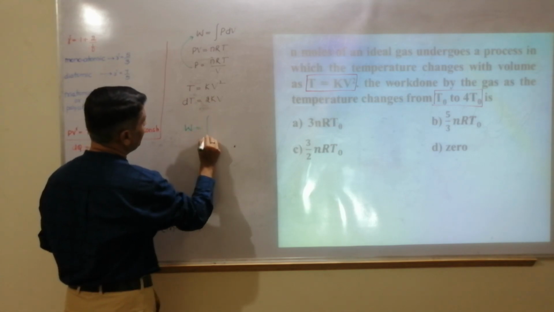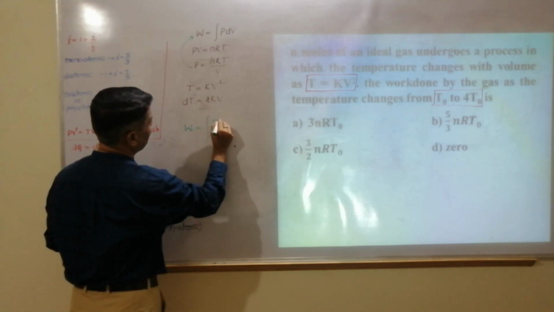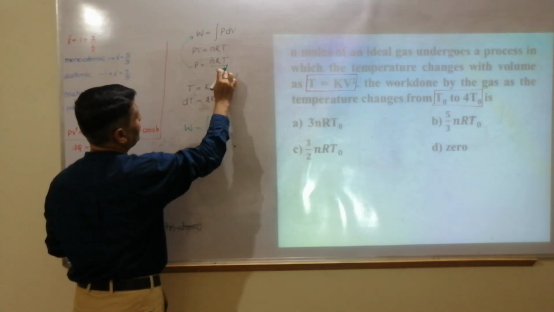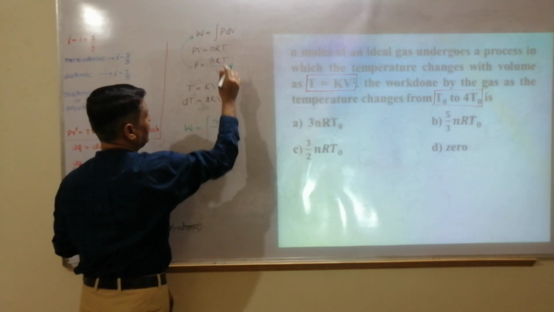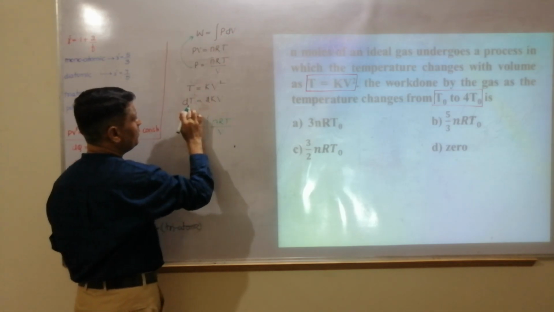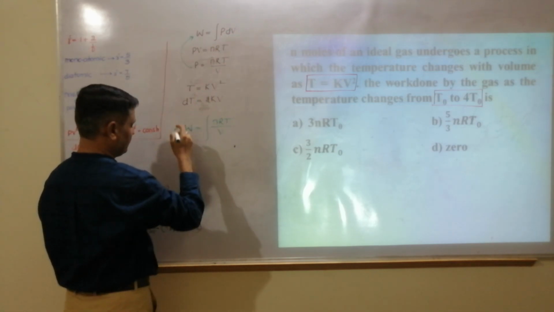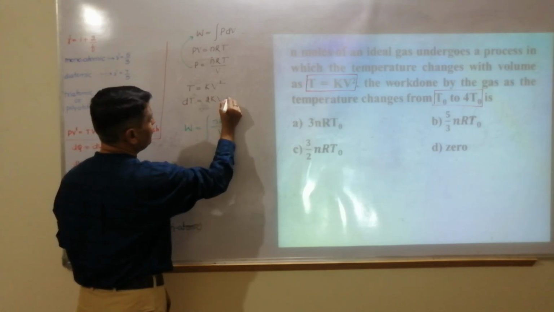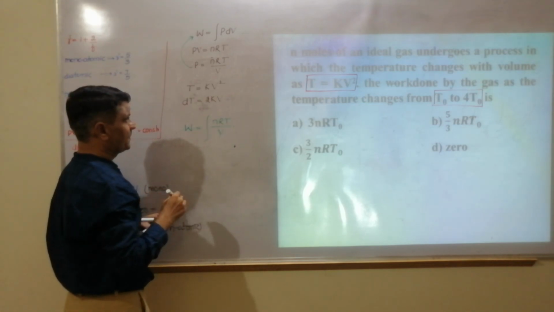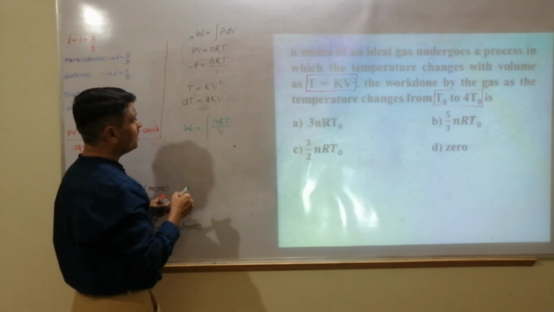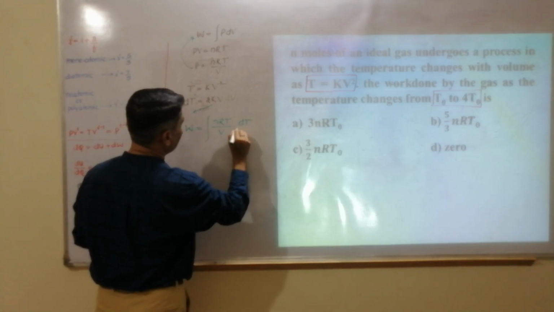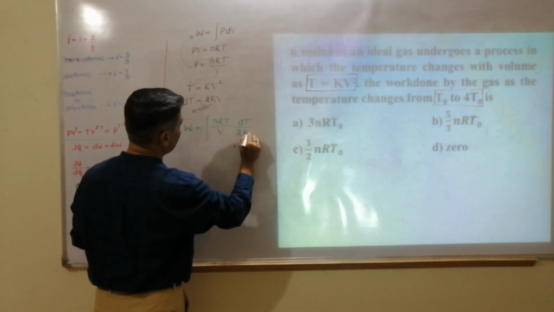W is equal to the integration of nRT by V into dV. Instead of dV, it is dT divided by 2kV.